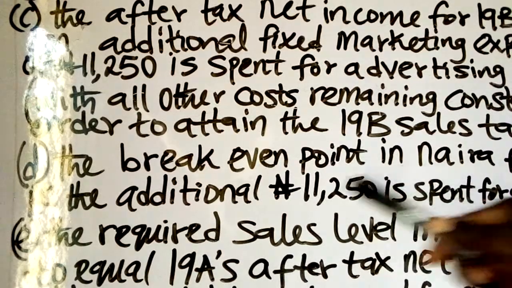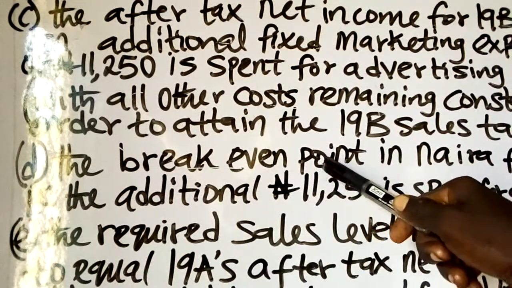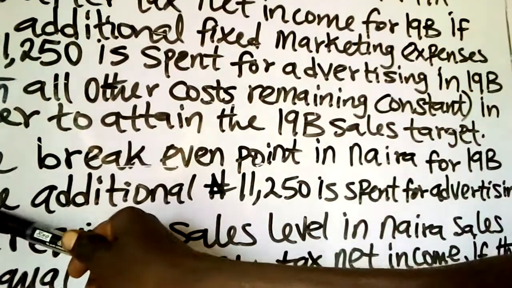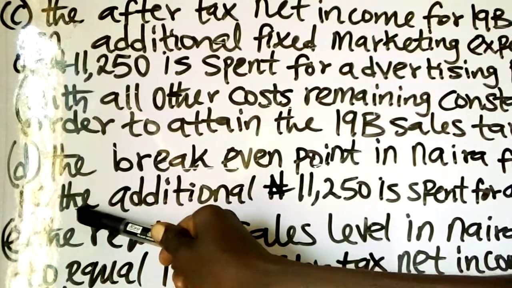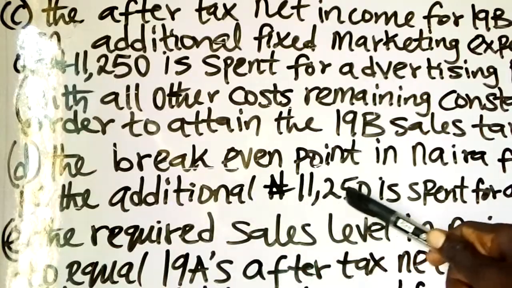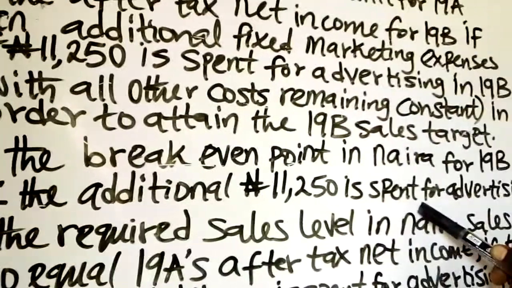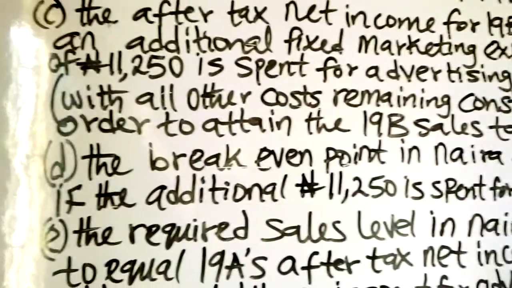D, the break-even point in naira for 19B, if the additional 11,250 is spent for advertising.